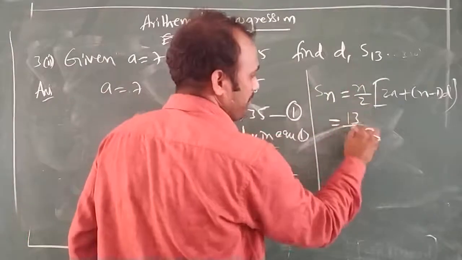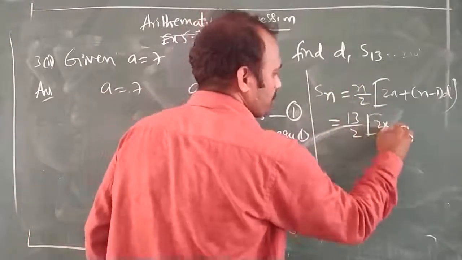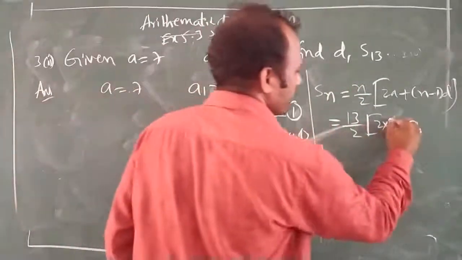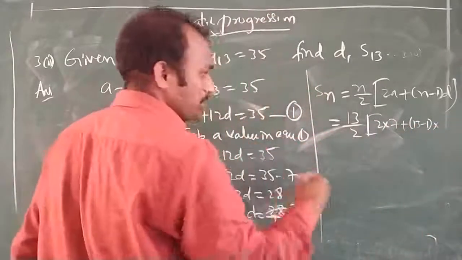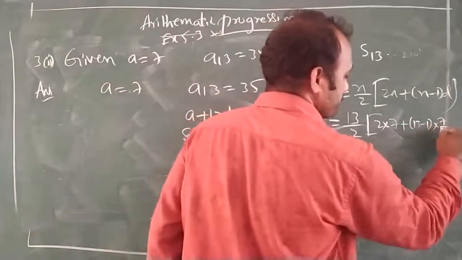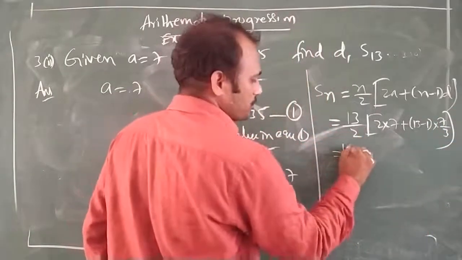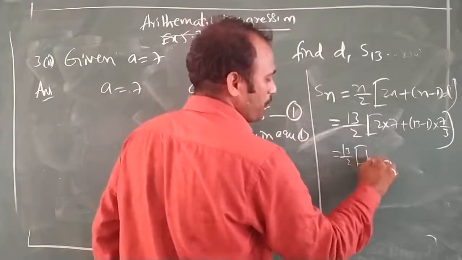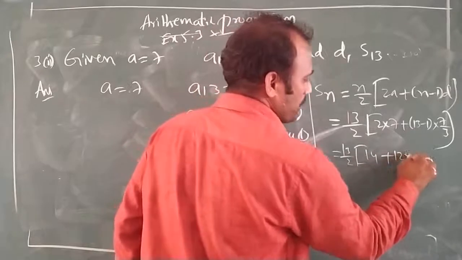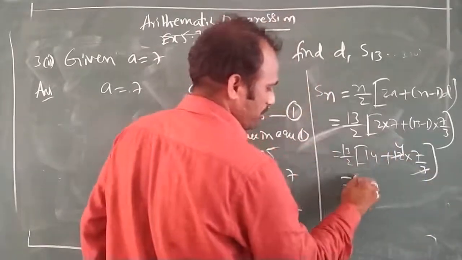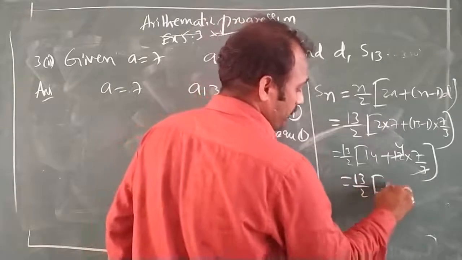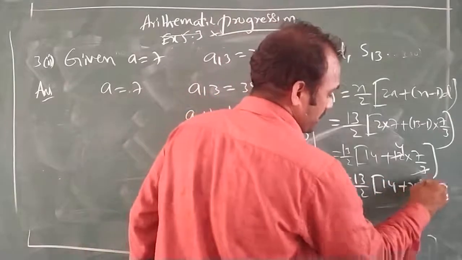So 13 by 2 into 2 times the first term, which is 7, plus 13 minus 1 into the common difference, how much did we get? 7 by 3. So 13 by 2 into 14 plus 12 into 7 by 3. 3 ones, 3 fours. 14 plus 28.